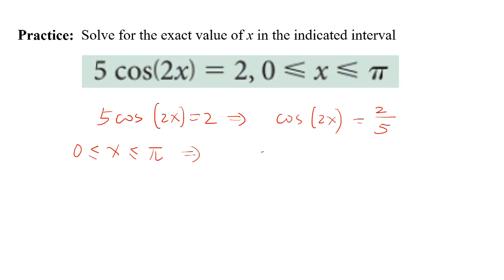So that means 2x must be within 0 and 2 pi, right? So from 0 to 2 pi, we need to find an angle such that its cosine value is 2 over 5, right? So that must be 2 values, right?